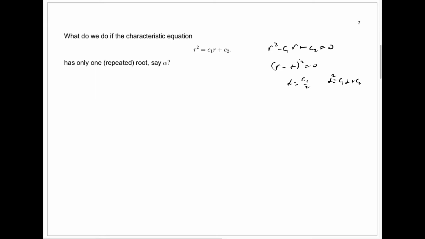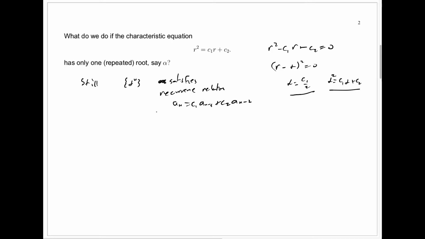So when there's one unique root, these equations must be satisfied. It is still true that the sequence alpha to the n satisfies the recurrence relations. That recurrence relation, again, is a sub n is c1 a n minus 1 plus c2 a n minus 2.